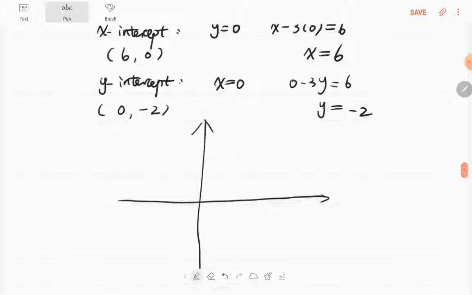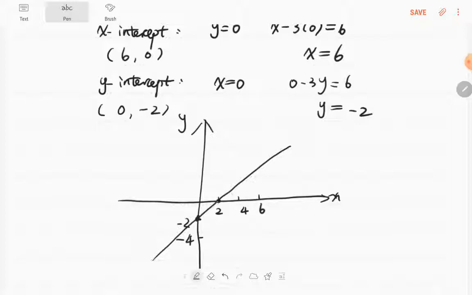So we have x at (6, 0), so it will be 2, 4, 6. We know (6, 0), so we plot this one. This is the x-intercept, and we know the other one is (0, -2). So we find this y-intercept, (0, -2).